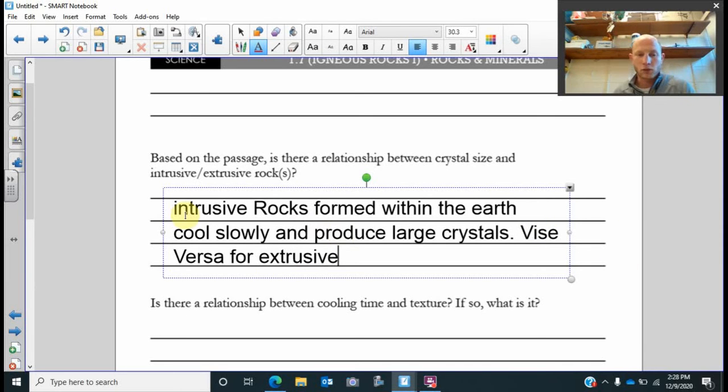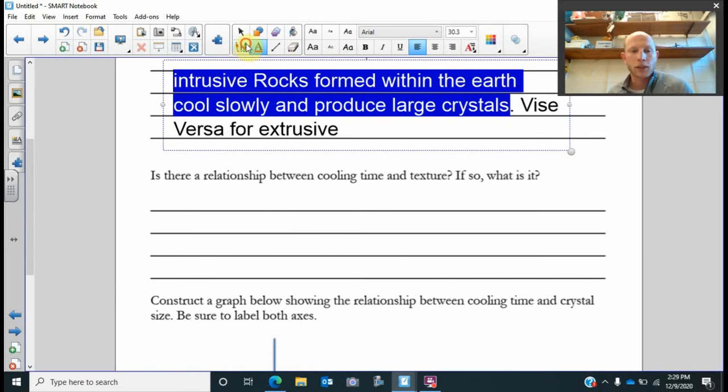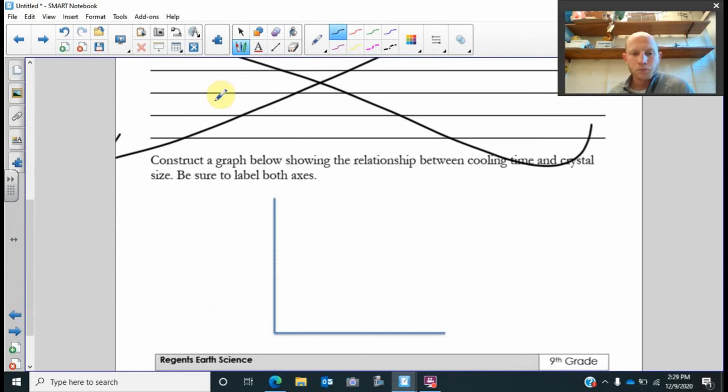So what we would say is extrusive rocks formed outside the Earth or on the surface of the Earth cooled quickly and produced small crystals. So it would just be the opposite of this phrase that we wrote here initially. I'm going to go ahead and mark this one out. This one's asking the same thing like 5 times over.